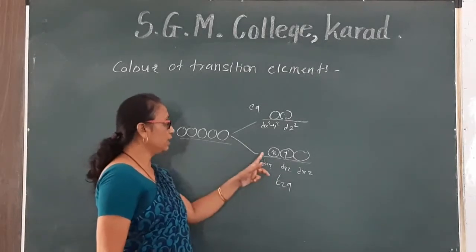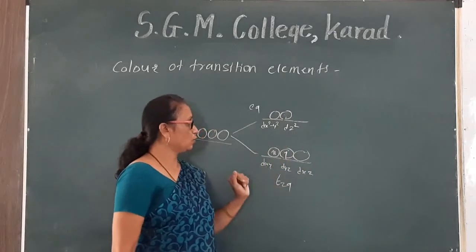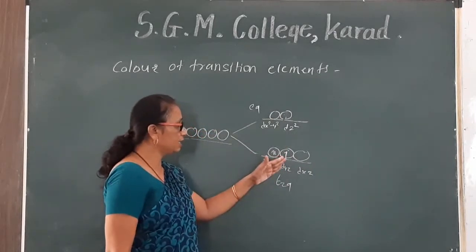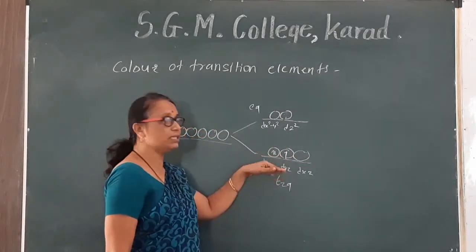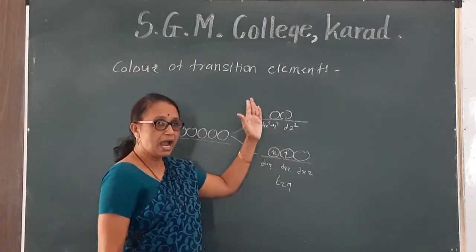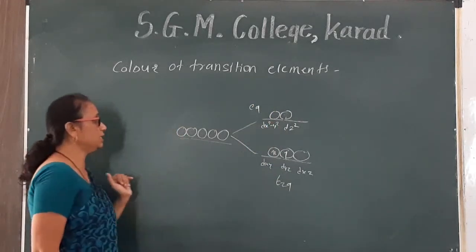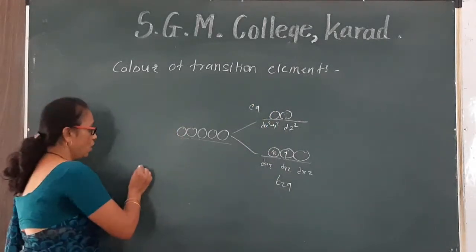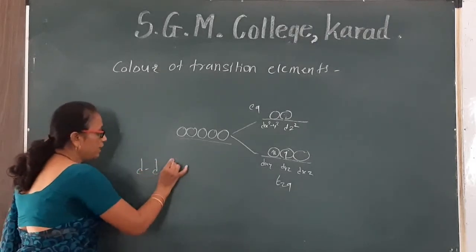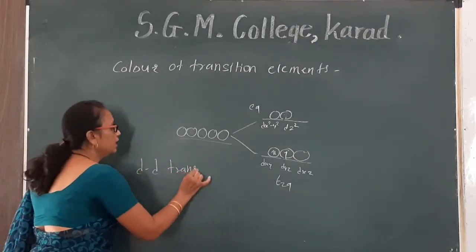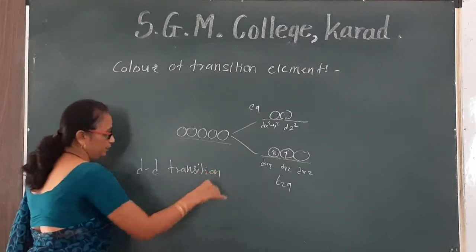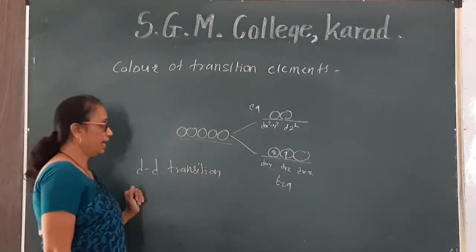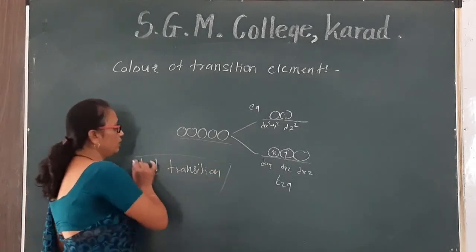Thus, when there are unpaired electrons, the electron can transfer from one d orbital to another d orbital, and the color of the transition metal ions or compounds is mainly due to d-d transition. This is the main reason for the color of transition metals.